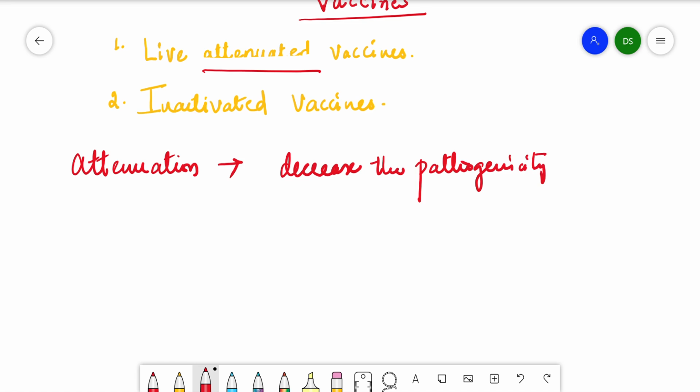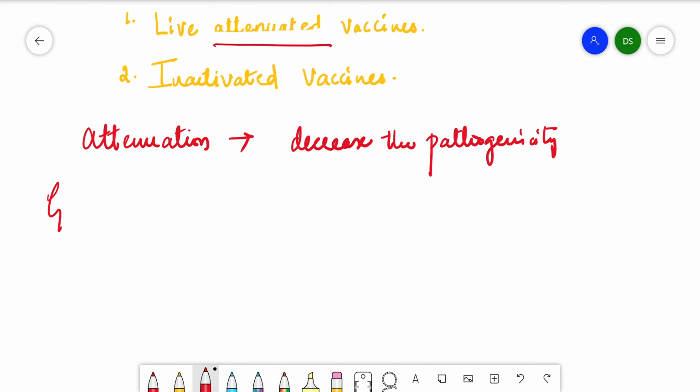So what we are doing is taking the pathogen and growing it in such a condition that it undergoes mutation in its genes.